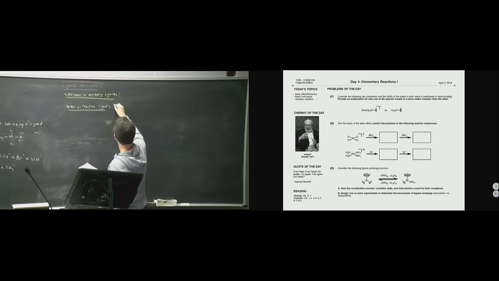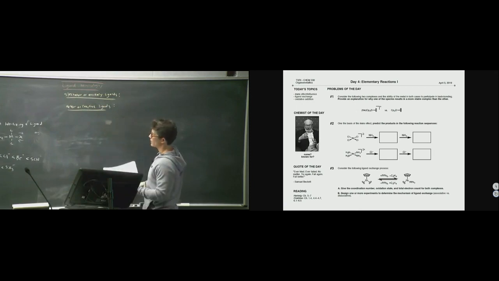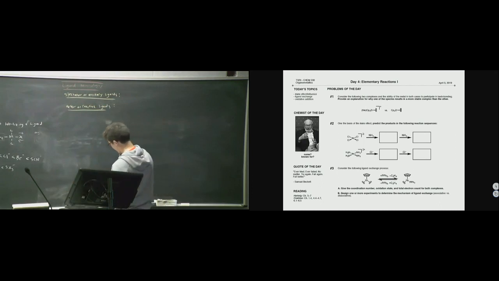So now we're going to be talking about reactions that modify the coordination environment around the metal and also that modify the organic fragments that are involved in these coordination interactions. And so just to make sure everybody's on the same page, we'll be using this language of spectator or ancillary ligand, actor, reactive ligand. So basically, in the reactions we're going to be learning about, some ligands are involved directly and some are involved only indirectly.